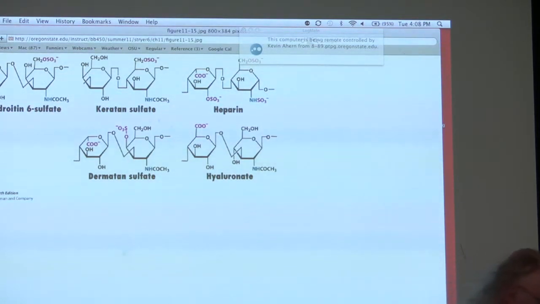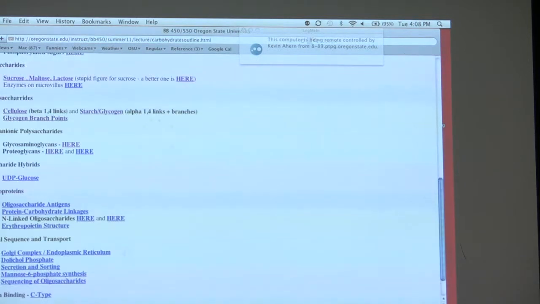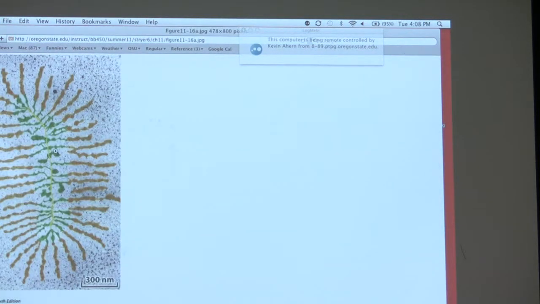And that becomes important when I consider a slightly related class of compounds called proteoglycans. Proteoglycans have a protein core, shown here in green, and they have polyanionic compounds attached to it. So they could have, for example, hyaluronic acid attached out here in brown. Now look at this structure and notice what's happening in this solution.